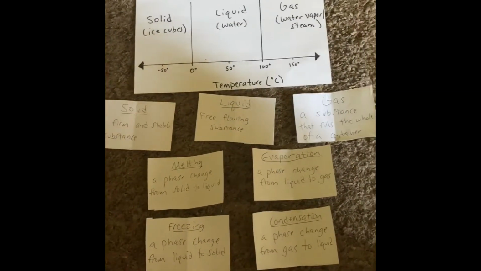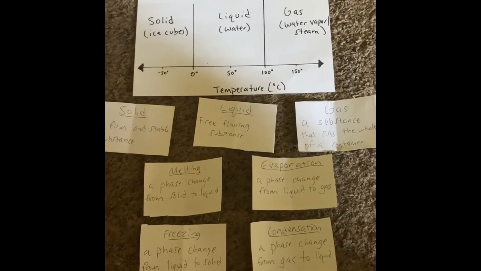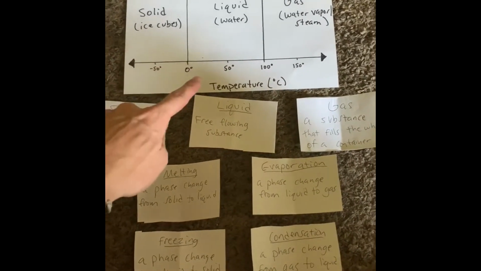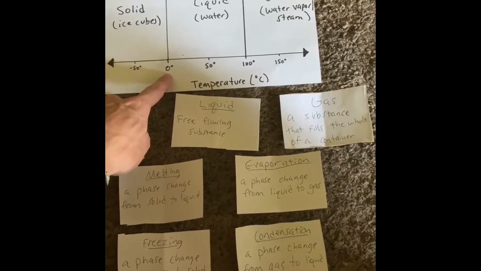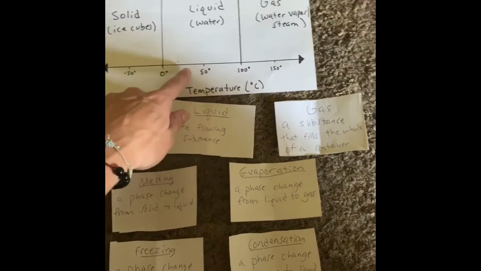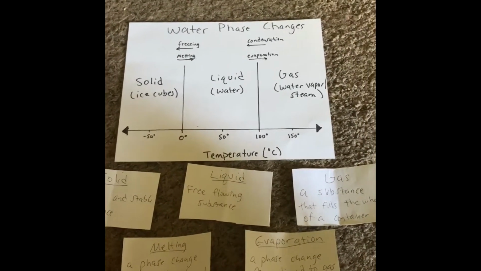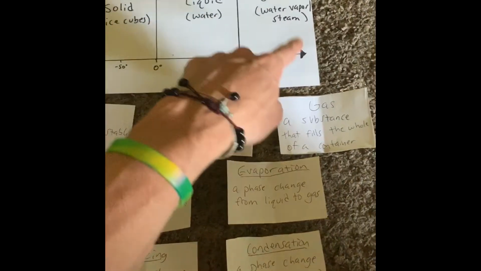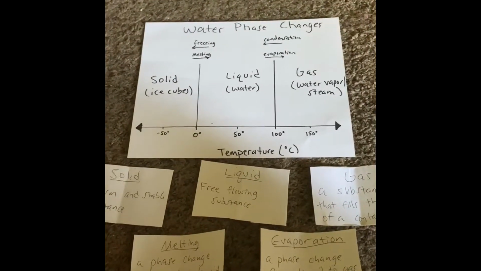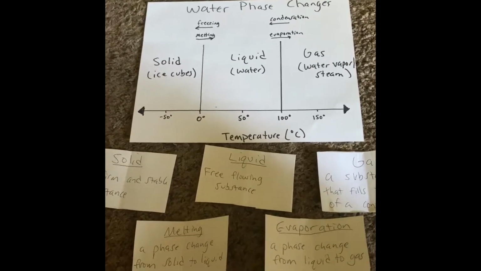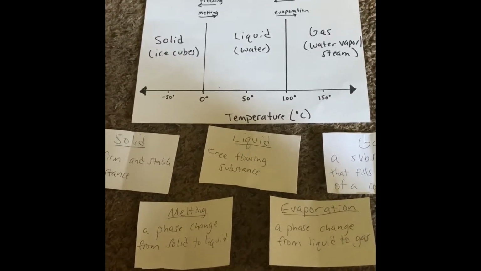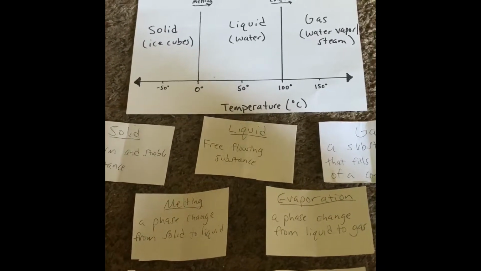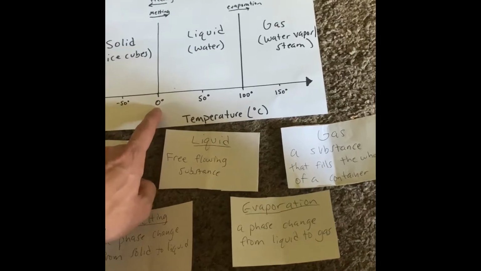So here's a rough written out visual that I would create for this lesson. Here we have a sort of linear chart with temperature on the bottom showing our 3 phase changes. And as I mentioned, I'd introduce these terms: solid, liquid, and gas. I explained that when we have our ice cube, it would not turn into liquid water until it hit 0 degrees Celsius.